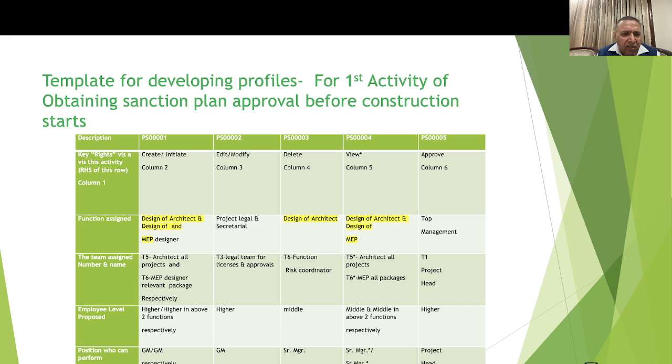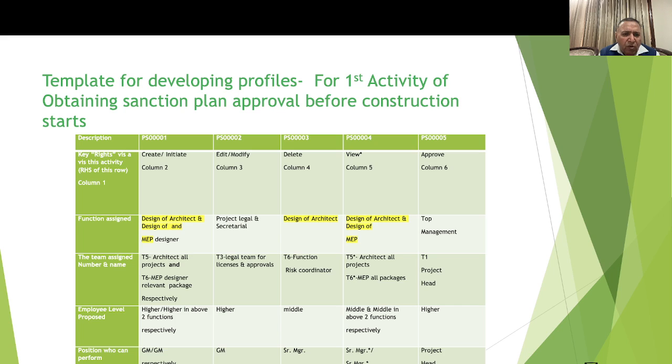Now, employee levels: since this is a very sensitive activity to be approved, I am recommending mostly higher level in the creating and editing profile, middle level for the deletion and viewing, and for approval of course the higher one.